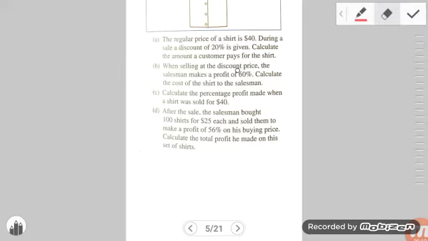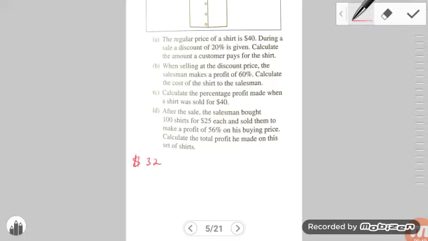So this pretty much is telling me that at $32, they're trying to say that even though the salesman is giving customers buying this shirt a discounted price of 20%, even when he's selling the shirt at $32, he's still making 60% profit on his money.